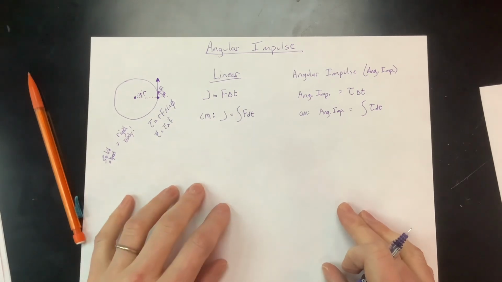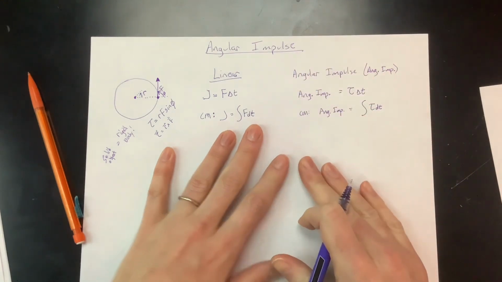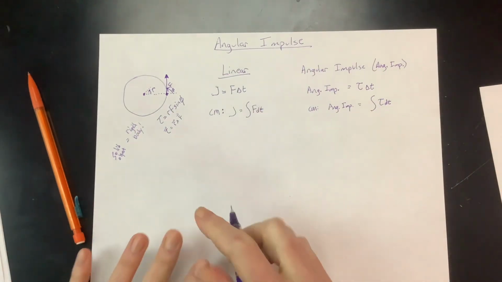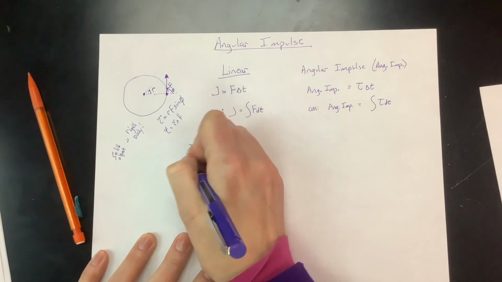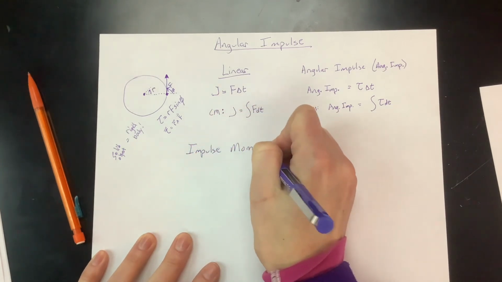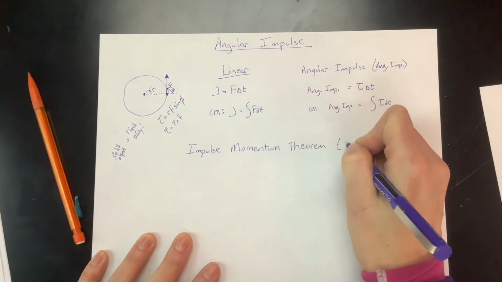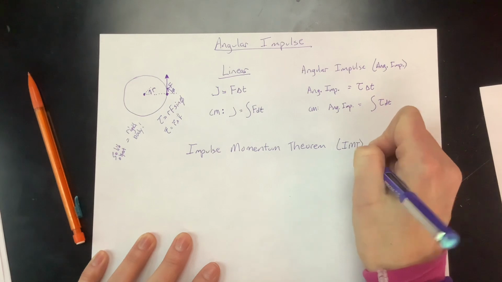look different. Okay. Now, what we usually write when we talk about angular impulse, and often when we talk about linear impulse, is the impulse momentum theorem. Impulse momentum theorem. And I don't really want to write that out again either, so I'm going to write IMT, okay?